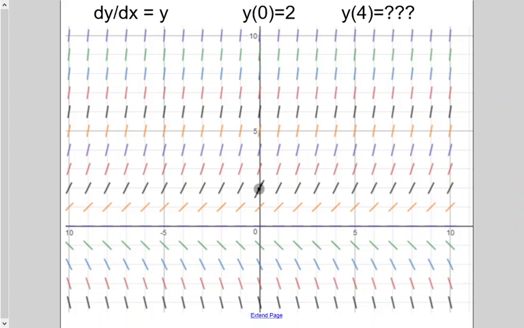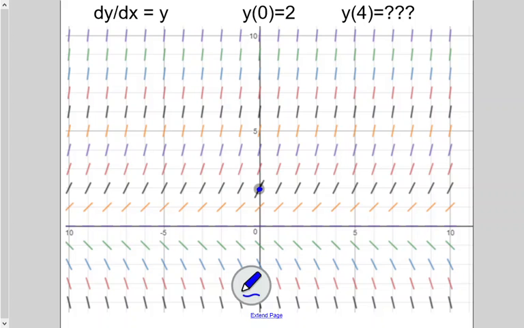So one way to approximate y of 4, if you could not integrate this, if it was not possible to integrate this, would be to make a tangent line at (0, 2).